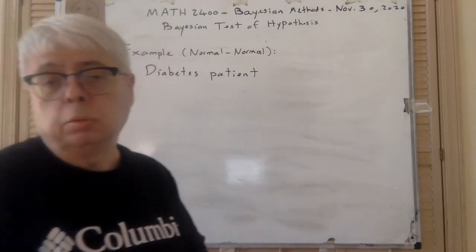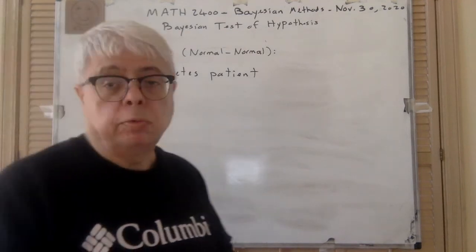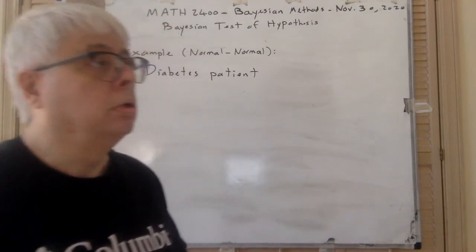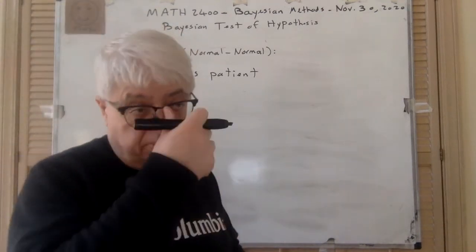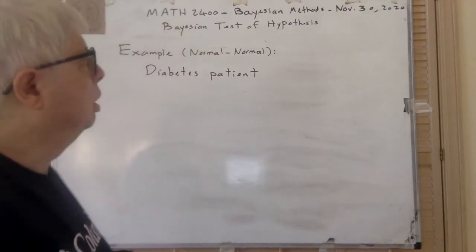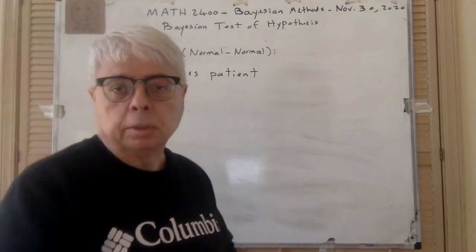They check it 2 hours after breakfast. That's when the sugar from the breakfast is in your bloodstream, and they want to see how elevated that sugar is, because it has to be absorbed, and if not, then it shows when you check it.